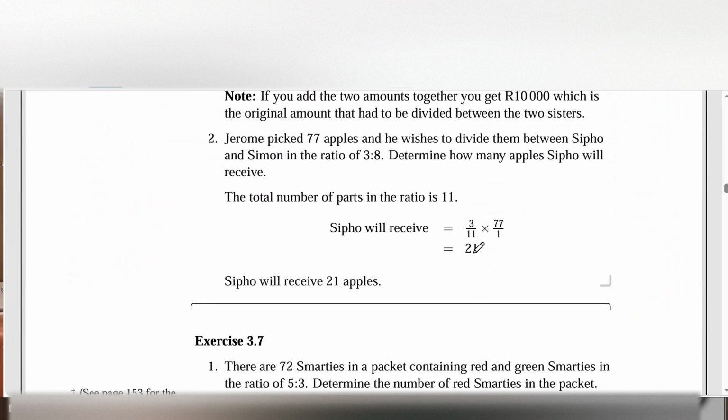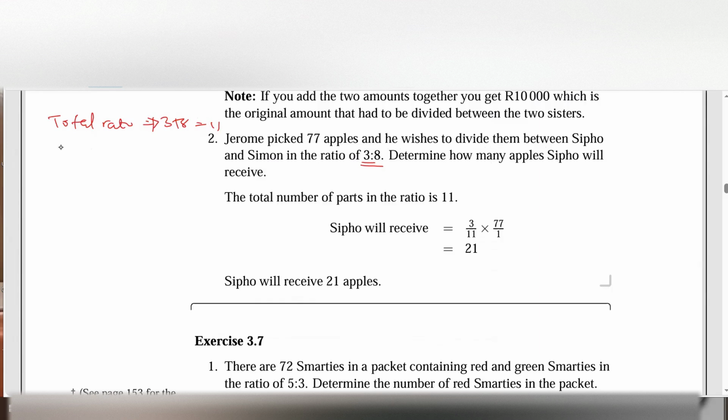All right, question number 2. Jerome picked 77 apples, and he wishes to divide them between Sipo and Simon in this ratio. Determine how many apples each person will receive. So get the total ratio, which is 3 plus 8, which becomes 11.